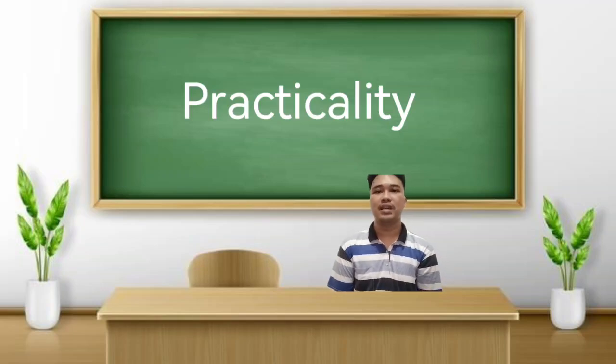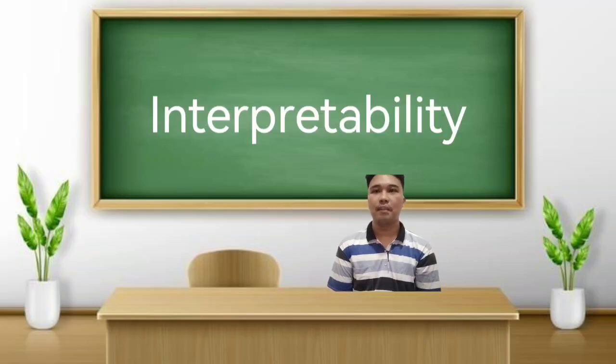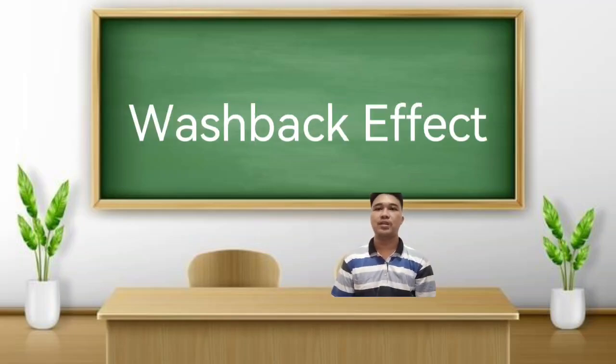Practicality, logistically feasible in terms of creation, administration, and scoring. Interpretability, results are easy to understand and interpret by educators and students alike. Washback effect, the influence of testing on teaching and learning practices.